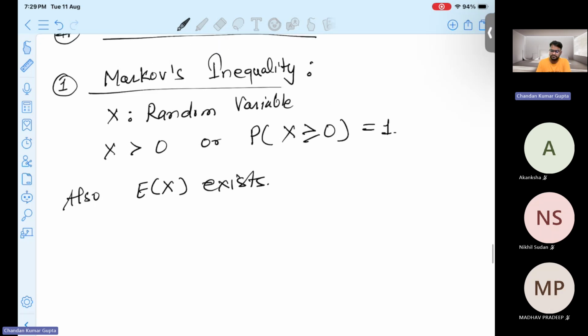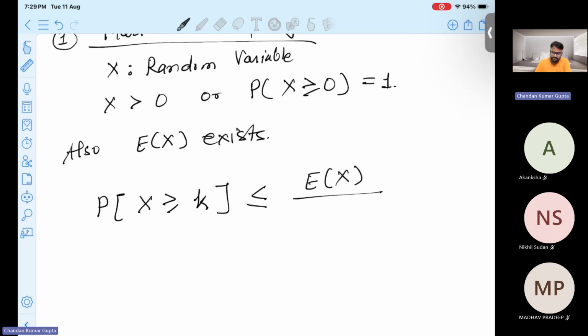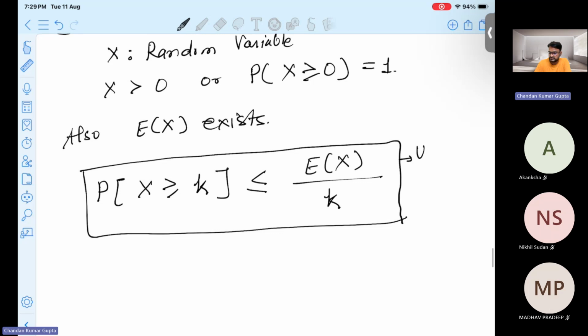Then in that scenario, the probability that x is greater than or equal to k is less than or equal to the expected value of x upon k itself, where k is any constant. So this gives our upper bound of the probability.